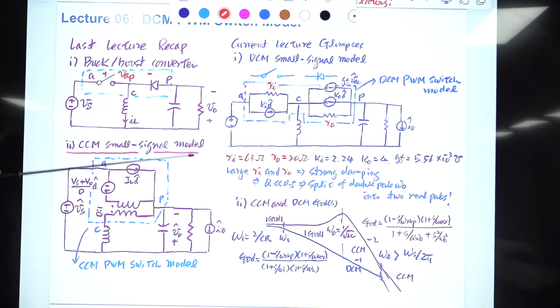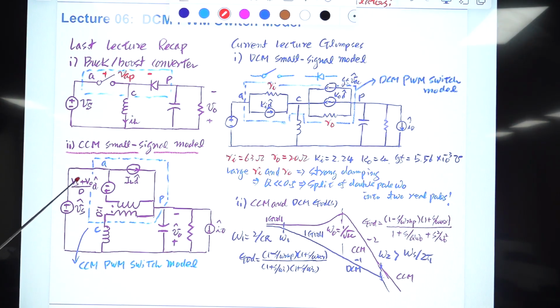This is the small signal model of the buck boost converter derived from this circuit diagram with the PWM switch. Simply, we replace the PWM switch with the PWM switch model by pin-to-pin replacement. So A goes here, P goes here, and C is connected to here. Initially this one was VAP, the DC voltage across the A and P terminals, which is VS plus VO for this case of the buck boost converter.